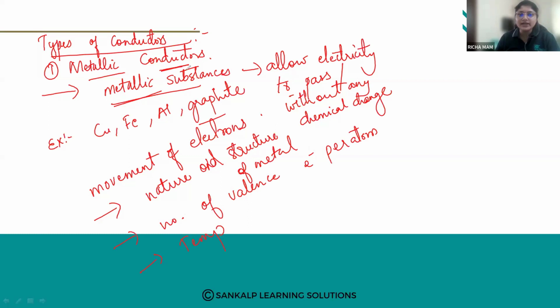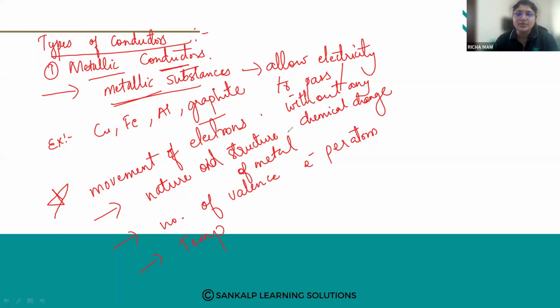So what is metallic conductance? The metallic substances which allow the electricity to pass through them without any chemical change. What are the examples? Copper, iron, aluminium, graphite. Here the conduction is due to the movement of electrons.